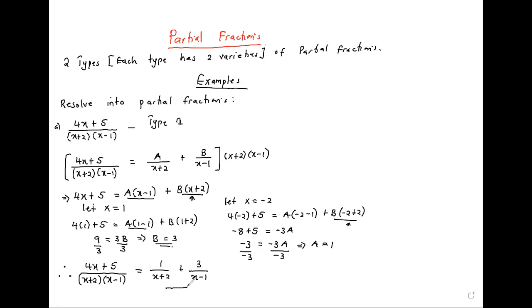So these are the partial fractions of this combined fraction. If you're not so sure, or if you're doubting your solution, you can actually take this 1 over x plus 2 plus 3 over x minus 1 and put it together, add and see what you get. We must get the question.